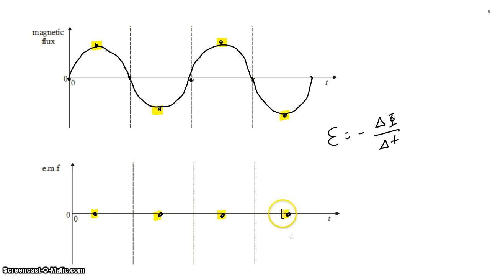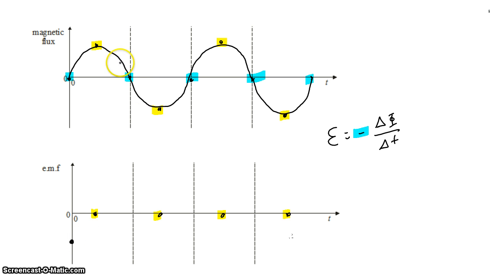So where is there an EMF? Where is the flux changing? It is changing here, here, here, here, and here. Here we see the flux rising, and falling, and rising, and falling, and rising. We just have to remember this negative sign, which tells us that the value of the EMF is the opposite of what the change in flux with time is doing. So whenever the flux is rising at its maximum rate, the EMF is at a minimum.